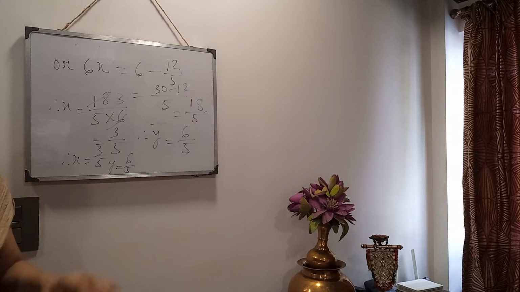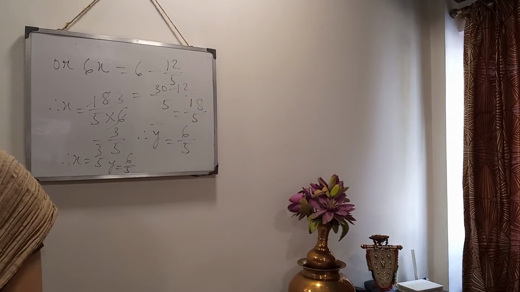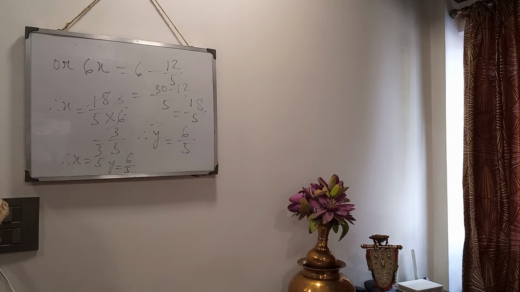I am checking once whether this is the answer or not. Number 6. y is 6 by 5 and now x also 6 by 5. So my equation was 2x plus 3y equals 6. I have rubbed that one off, that's why I am facing a problem.